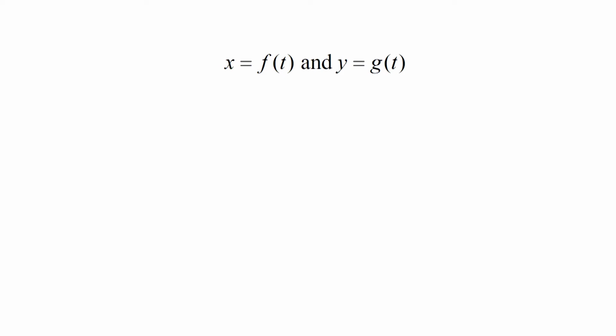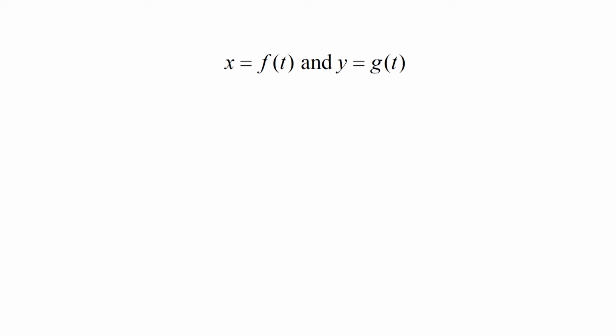Now we are going to express the path of the movement of the ant by expressing both x and y coordinates as functions of time t. This is by describing the path with a pair of equations x is equal to f of t and y is equal to g of t.